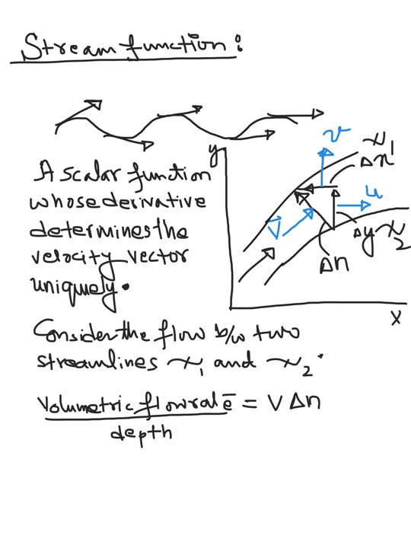Once I have that, I can easily write the formula for volumetric flow rate, which is velocity multiplied by the normal area. So this is my volumetric flow rate mathematically, or it can also be written in terms of components as u del y minus v del x.